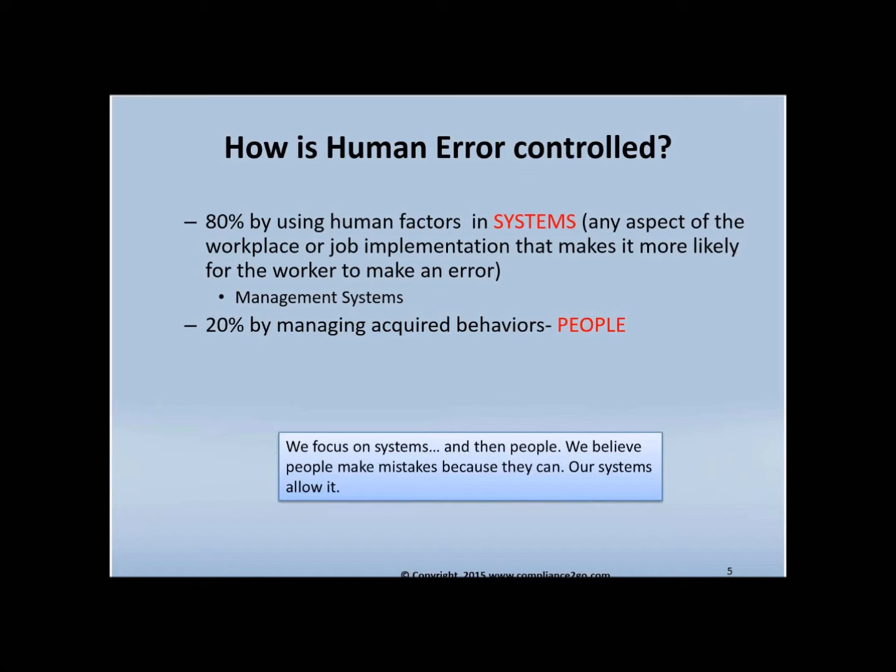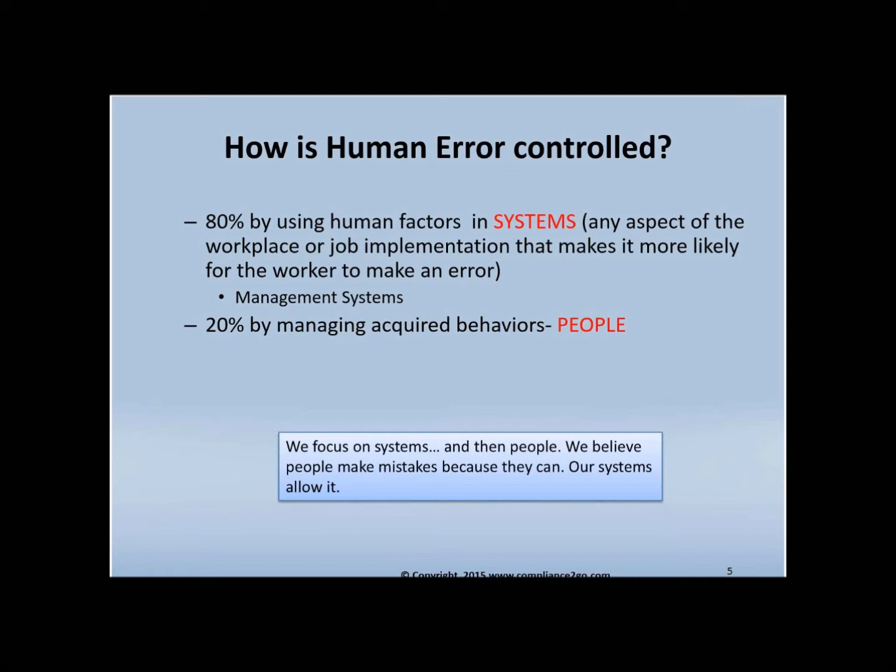Okay, so that means that 80% of the success of any human error reduction program relies on the system, which is any aspect of the workplace or job implementation that makes it more likely for the worker to make an error. So today we're going to be focusing on things around the person when we're talking about the 80%, and then we're going to talk about the actual individual when we're talking about the 20% of our program.